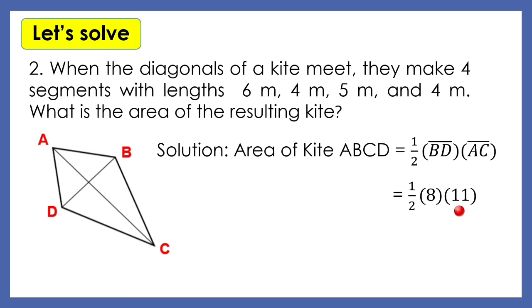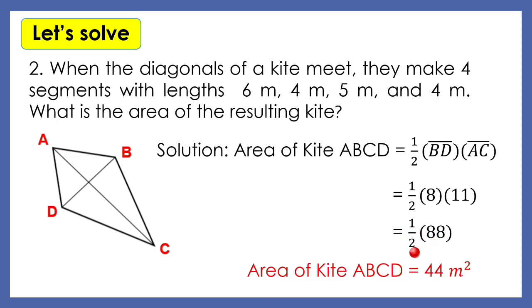Therefore, that is 11 meters. And then, we multiply 8 and 11. That is 88. Times 1/2 or 88 divided by 2 is equal to 44. Therefore, the area of kite ABCD is 44 square meters.